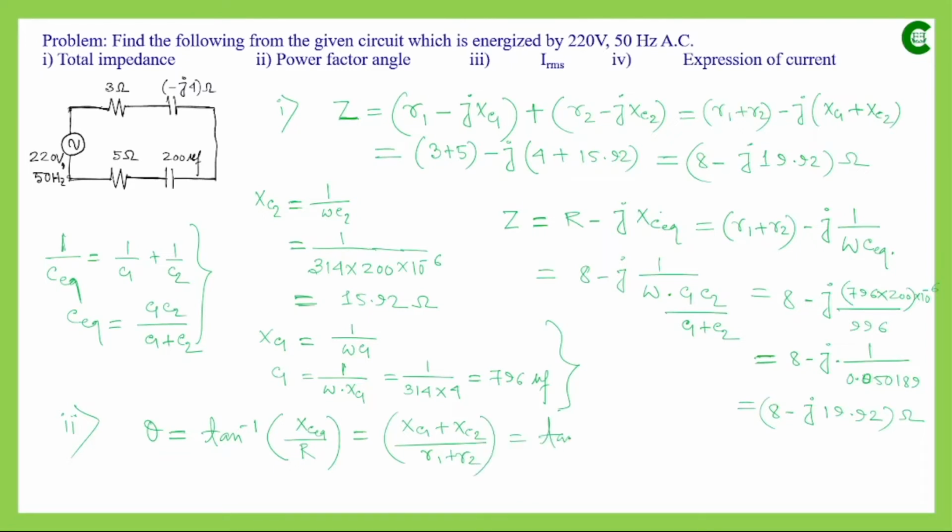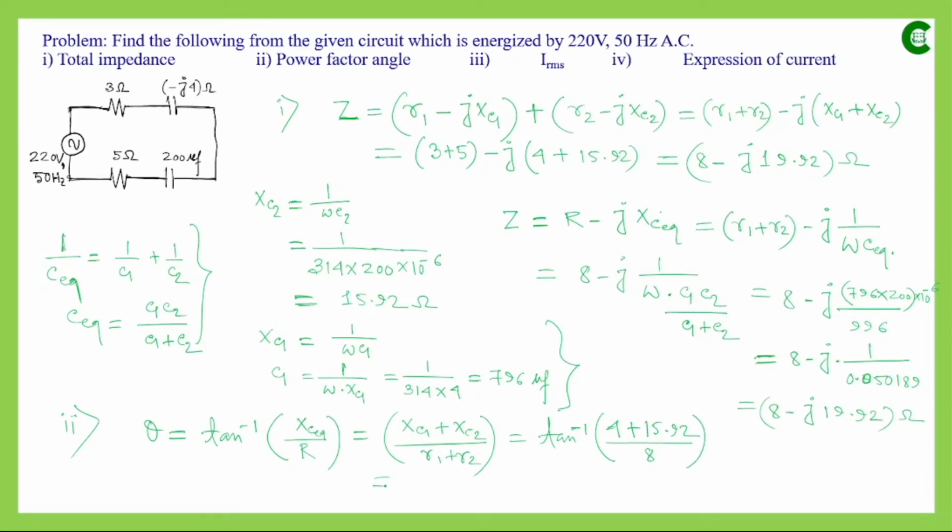So it will be tan inverse, then the reactance XC1 of the first capacitor has a value 4, and for the second capacitor the reactance value we have already found, that is 15.92, and the resistance values are given, that is 5 plus 3, which is 8.